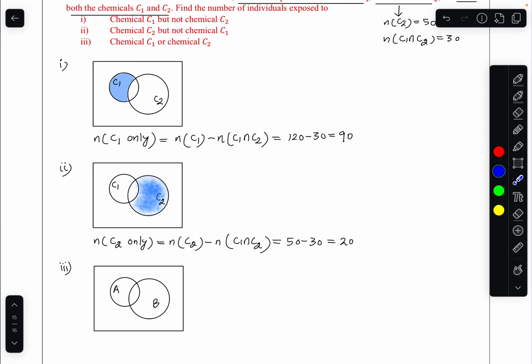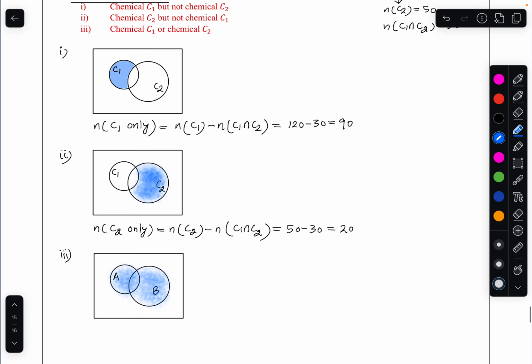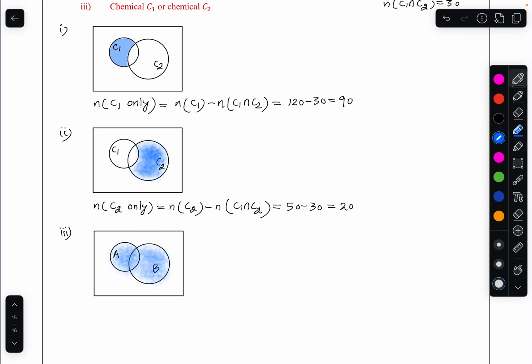So whether it is in C1 or in C2 doesn't matter. We are counting the number of elements from both of them. So basically they are talking about the union of the two. When they use the word or, it's the union they are referring to. When they use the word and, they are referring to the intersection. So union is what I want to find here.